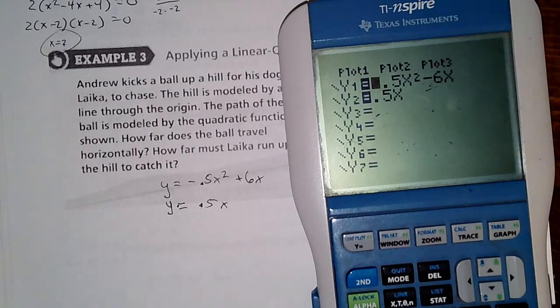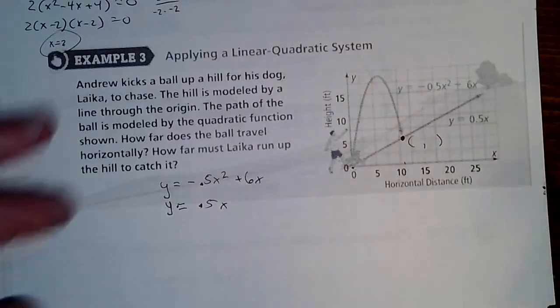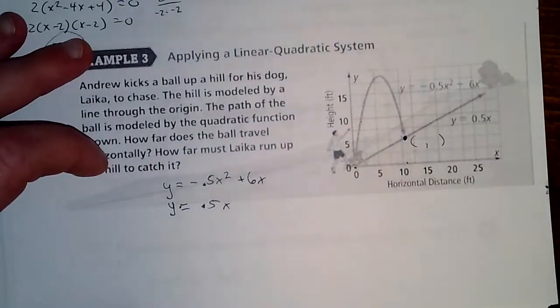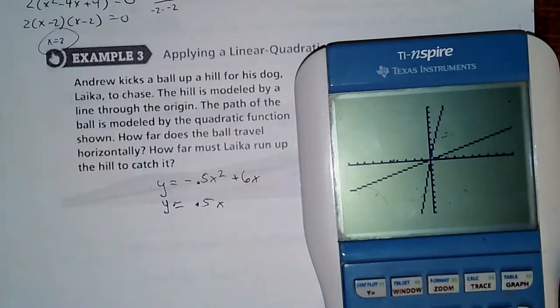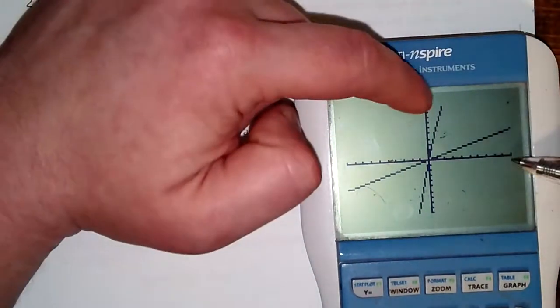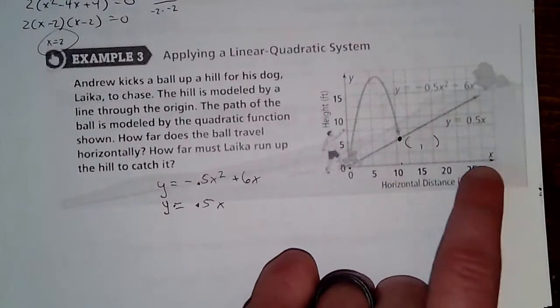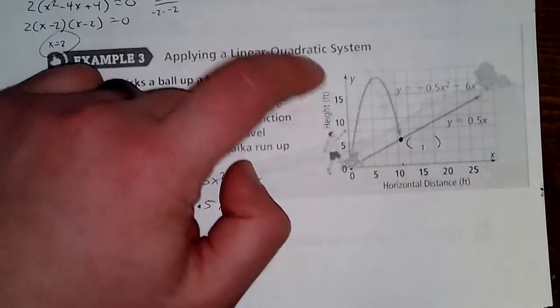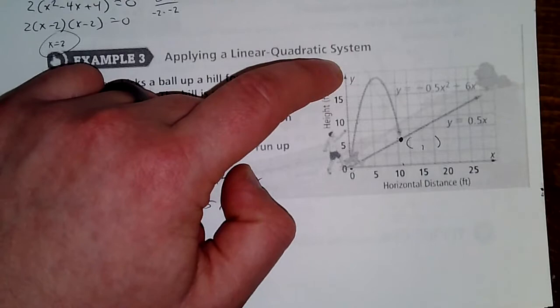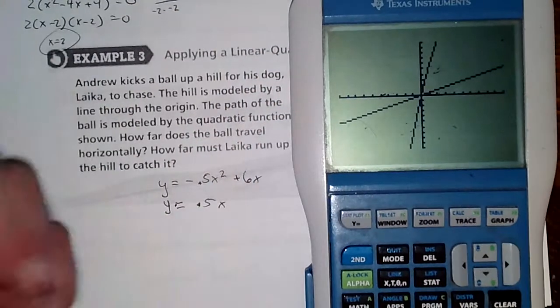All right, hold on a second. Okay, sorry. So yeah, it is a plus 6. I just had to adjust my window. When I graphed it like this, it looked kind of funky. That's because I just went from negative 10 to 10. But this graph does need to go out to about 25 and up to about 25 also. So you can zoom out and that works fine.